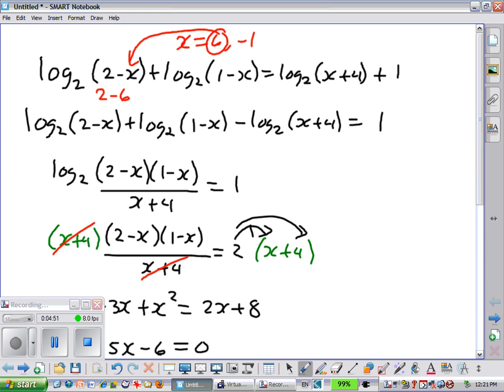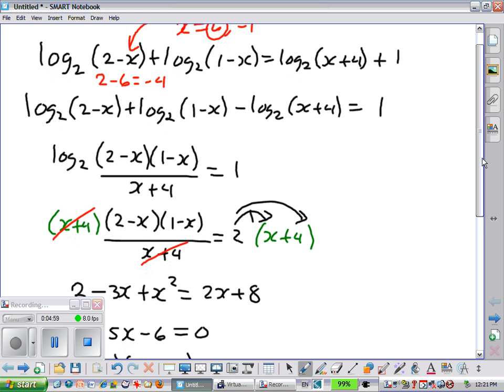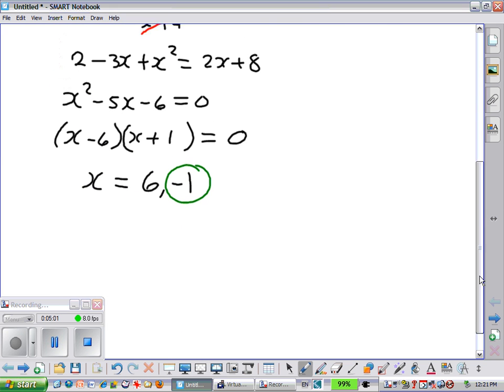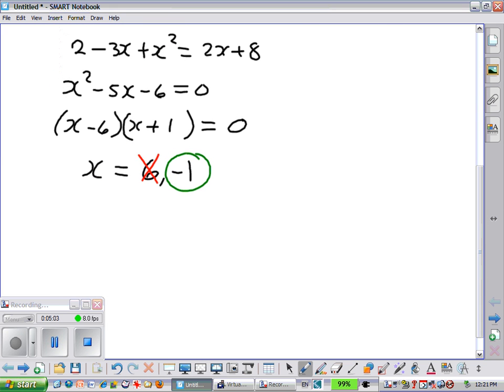I get 2 minus 6, which is negative 4. And knowing that I cannot have a negative in my answers, I know I have to reject the 6 from my answer. That's called an extraneous root. Or I could simply just say I am going to reject that answer.